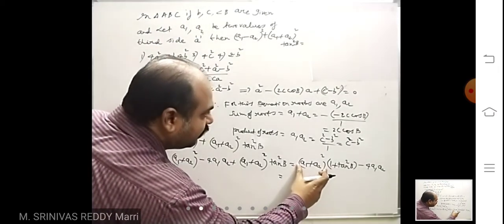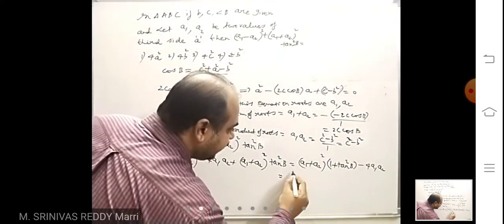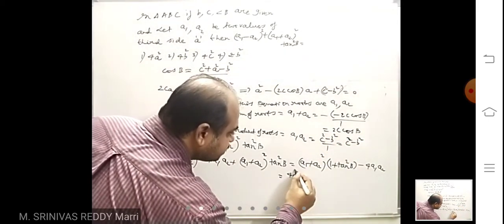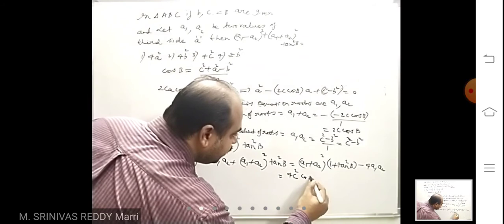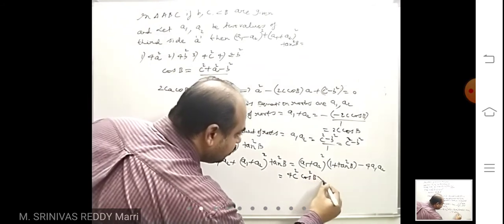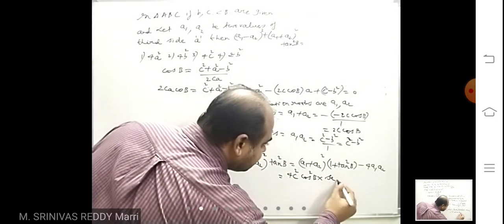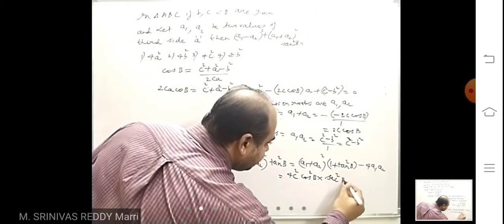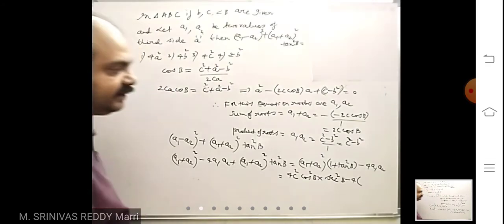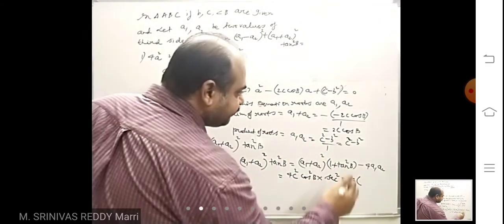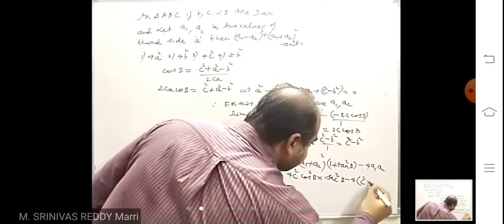(A1 plus A2) whole square means 4c square cos square B, and 1 plus tan square theta is nothing but secant square theta. Secant square B minus 4 into A1 A2, which is c square minus b square.